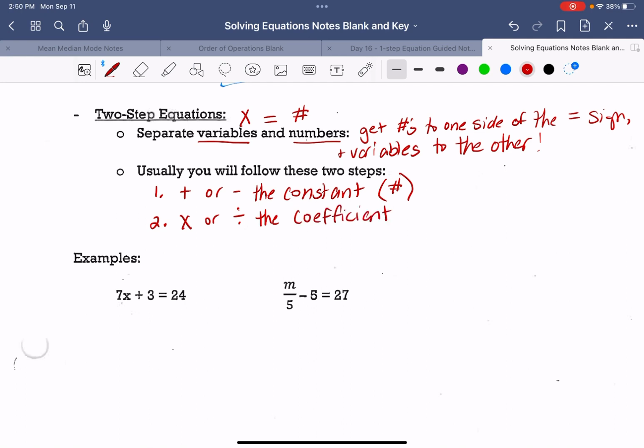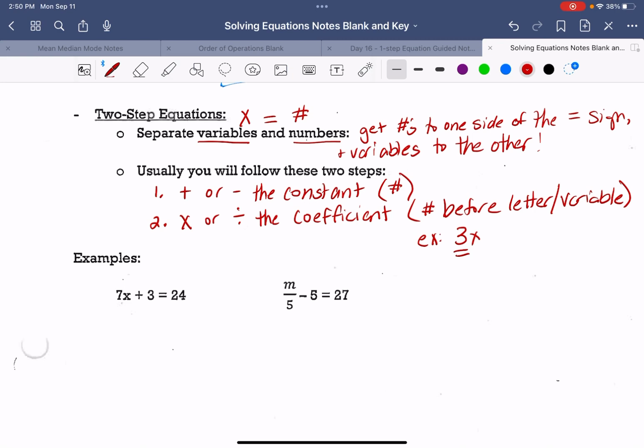The coefficient is the number before the letter, or the variable. So if I gave you an example, it would be 3x, and your coefficient is 3.